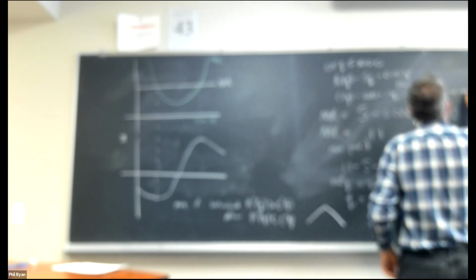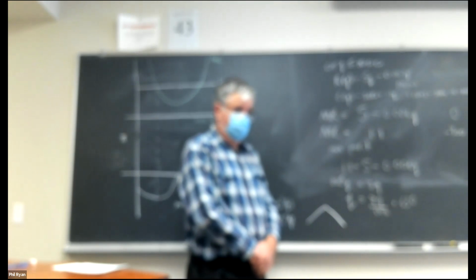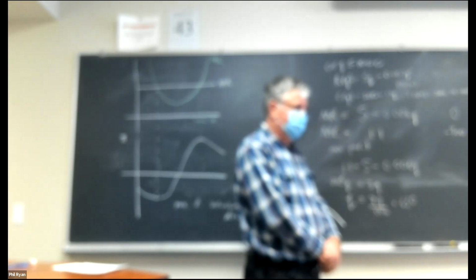715 equals 1,015. I got 1,982.5. I subtract one from the other, and it looks like I get something like 967.5.